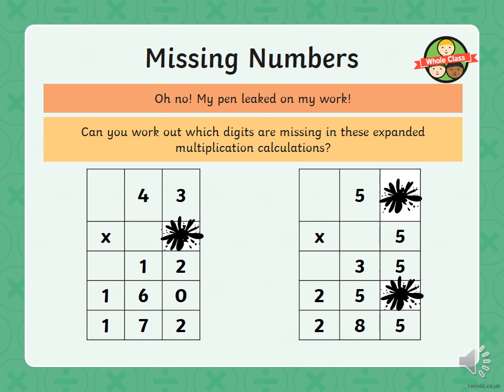So using my fingers now, I know that 5 times 7 gives me 35. So that answer must be 57 times 5 gives us 285. So 50 times 5 is 250. Well done. So this is what you should have got.